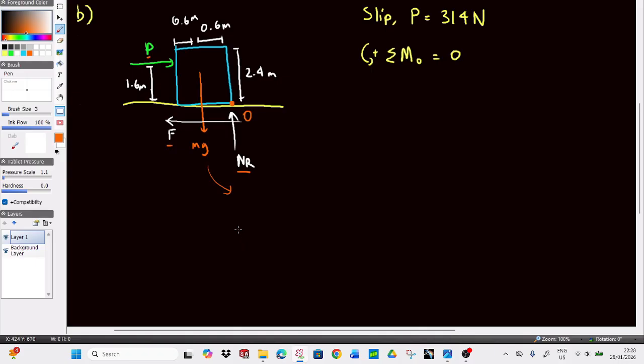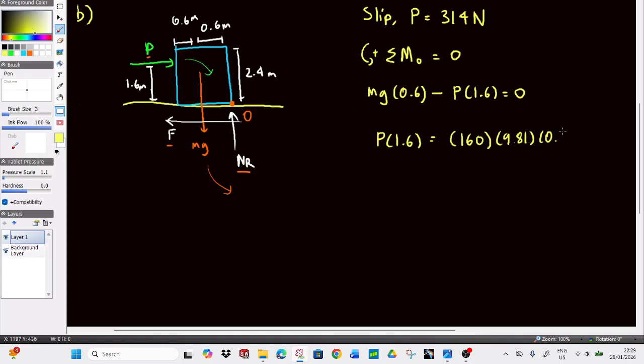So it is mg times 0.6, going counterclockwise, and your P is going in a clockwise direction, so it becomes negative: minus P times 1.6 equals 0. Therefore P times 1.6 equals mg times 0.6. Remember m is 160, g is 9.81.